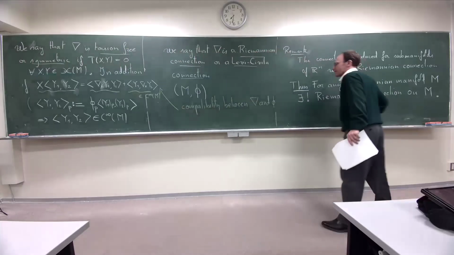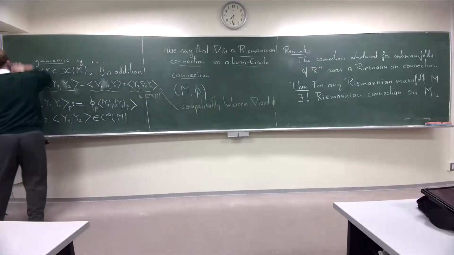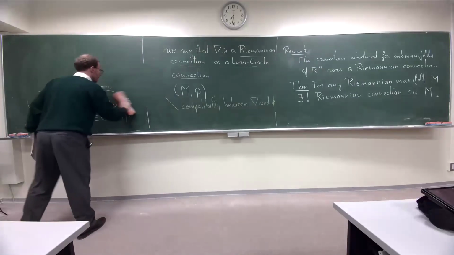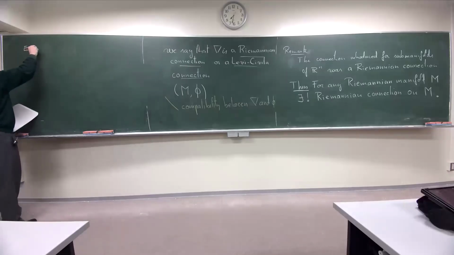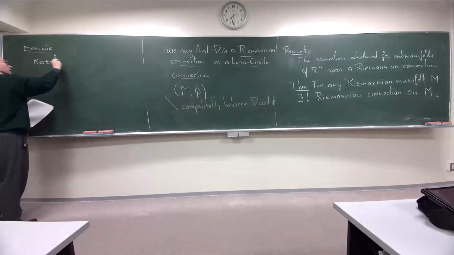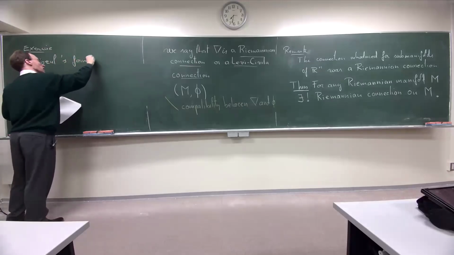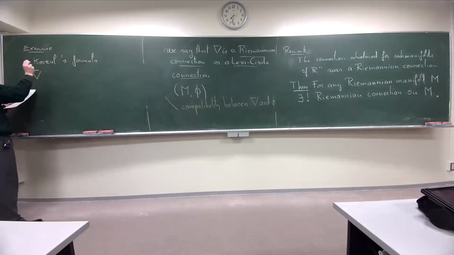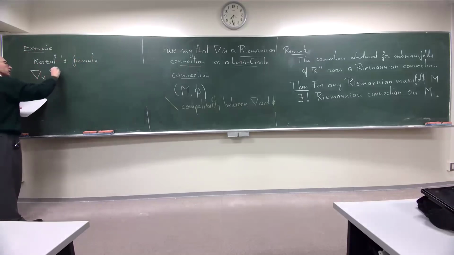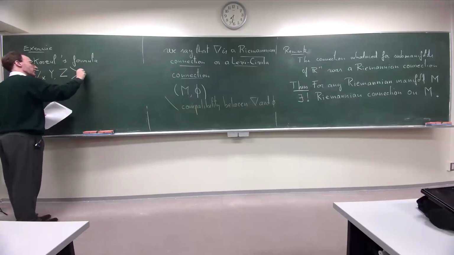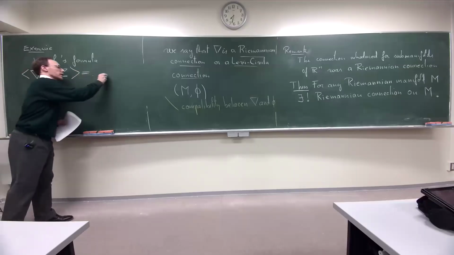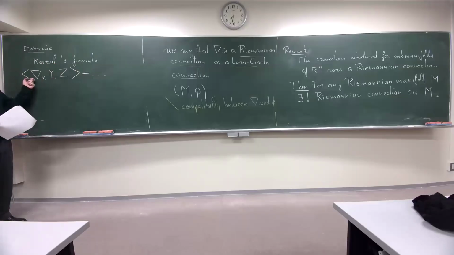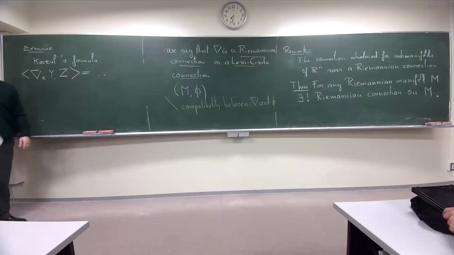And there is a nice exercise. I don't want to state it completely, but there is an expression which is called the Koszul formula, which gives you an expression for this Riemannian connection with a long right-hand side.